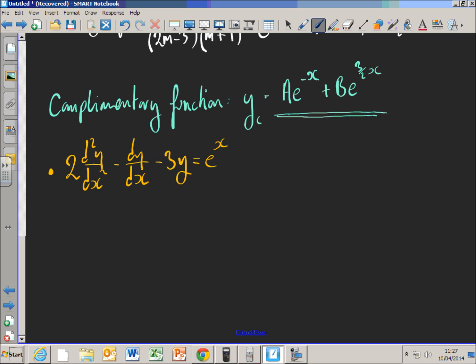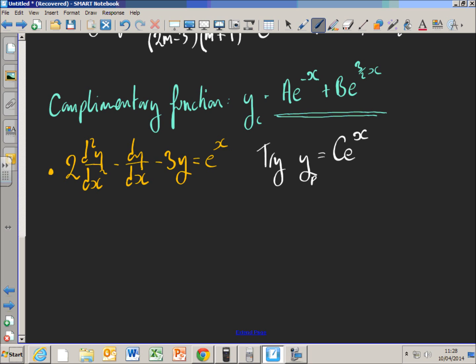What do you think? A e to the x. I don't think I'm going to use a again though. Is everyone happy with that? Yeah. So we're going to try y_p, for my particular integral, equals c e to the x. Is everyone happy with that?